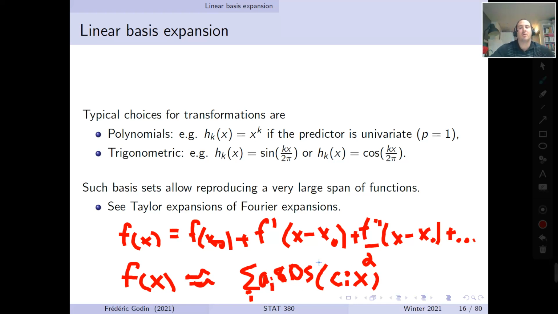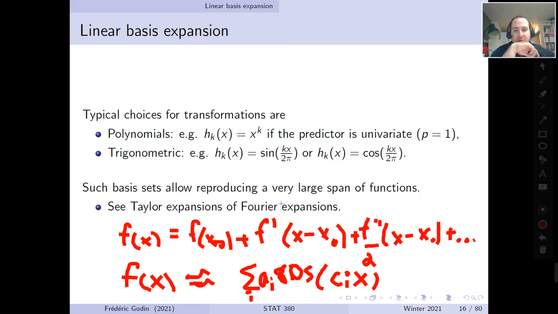This is just in a nutshell. If you want a more accurate depiction of Fourier expansions, please go here. So here the a_i's and c_i's are constants which have to be suitably chosen. But the idea is that you can express many functions as linear combinations of sine and cosine functions.